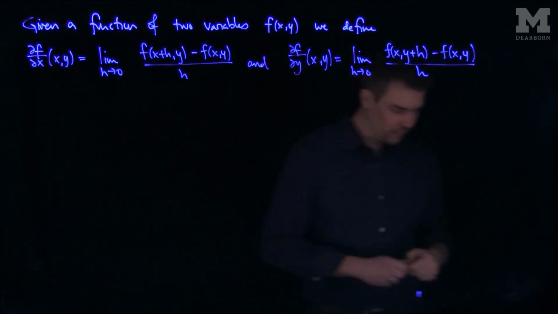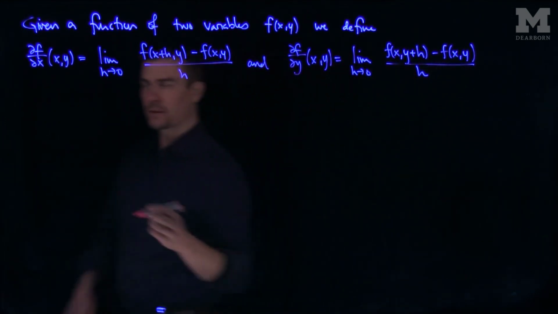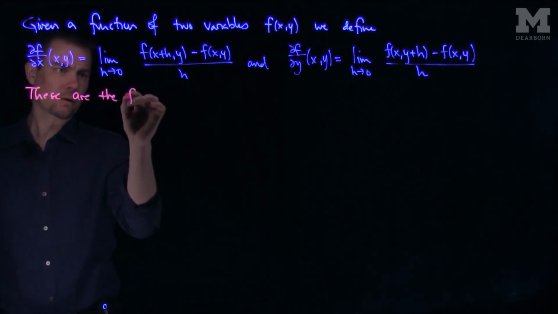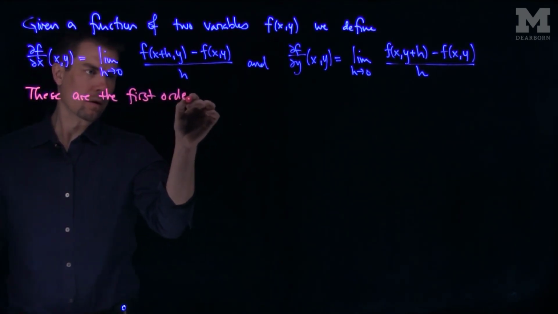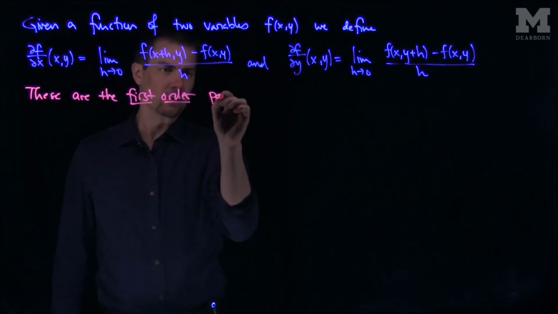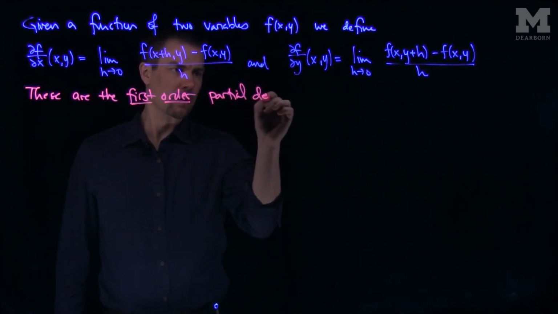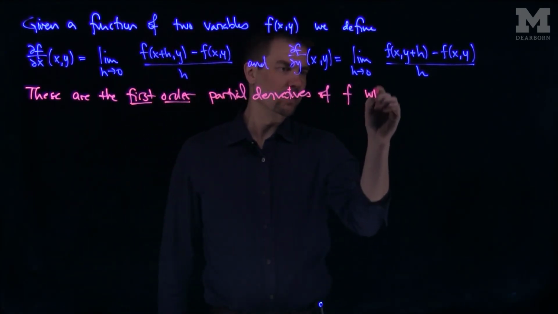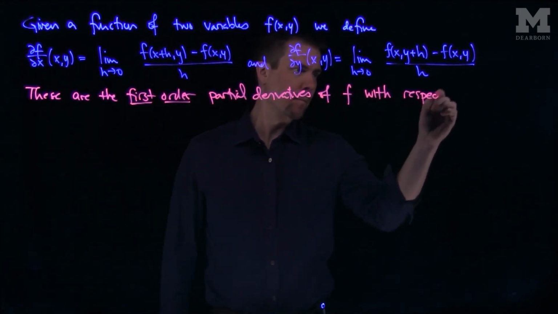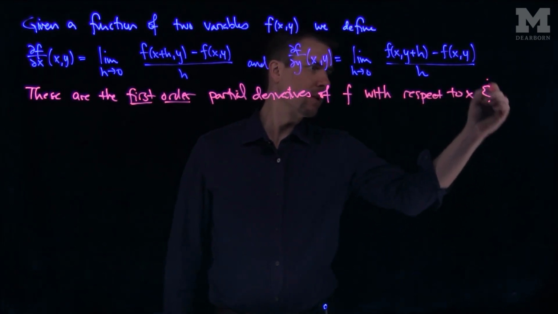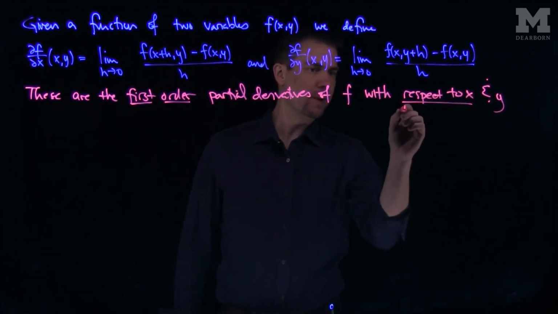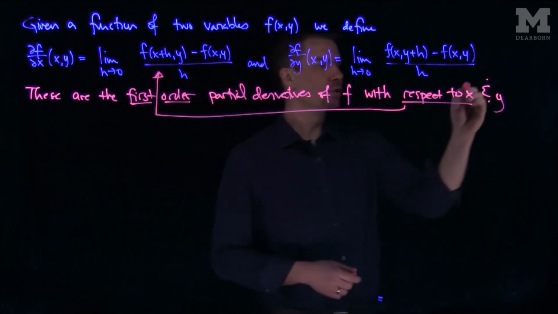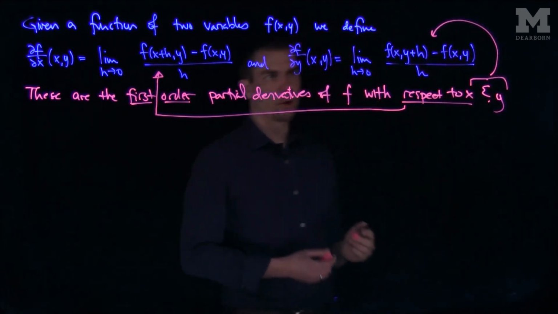So these expressions are referred to as the first order partial derivatives of f with respect to x and y. So the partial derivative with respect to x is exactly this limit over here, and the partial derivative with respect to y is this limit over here.